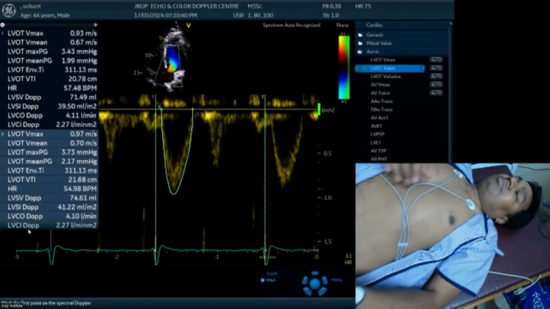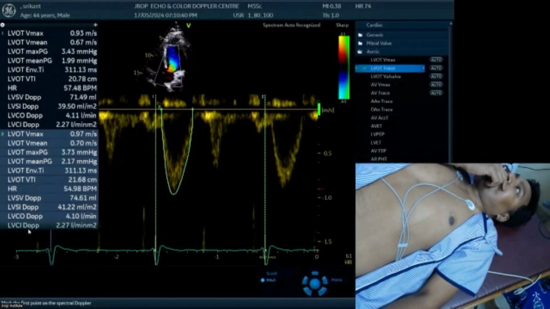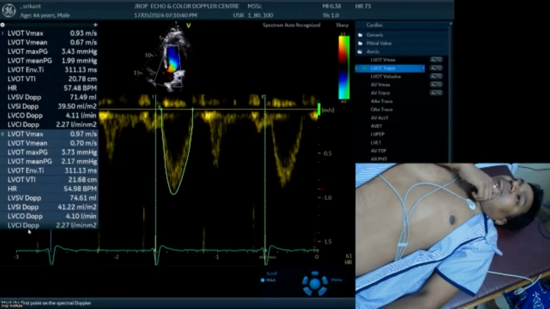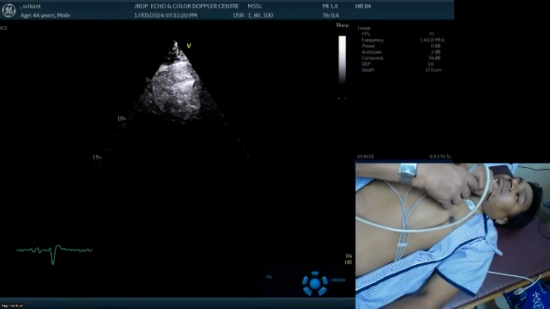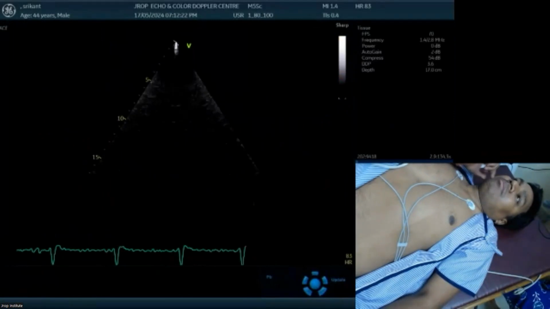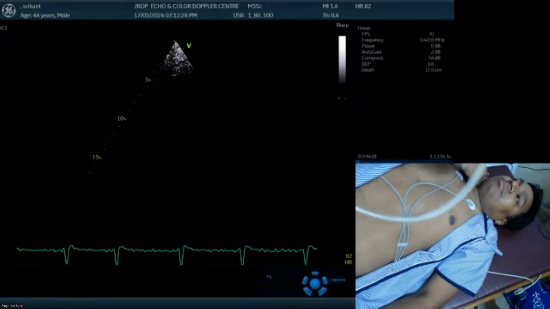Okay, thank you. I showed you LVOT, how to measure LVOT. In the parasternal window, both the leaflets open up, and then measure the hinge point of the right and non-coronary cusps. Now, the same thing you can do in the mitral valve.